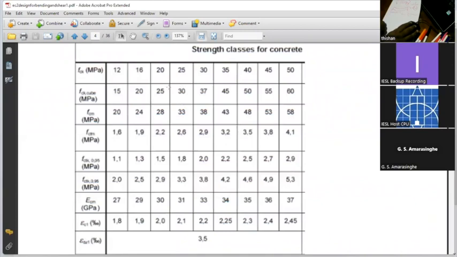So we used 30 megapascal concrete when we had post tension beams, and we had about 40 megapascal, something in between, when we did pre-stressed concrete beams. The reason is pre-stressed concrete is done under factory conditions.